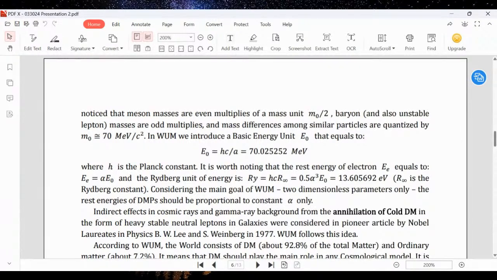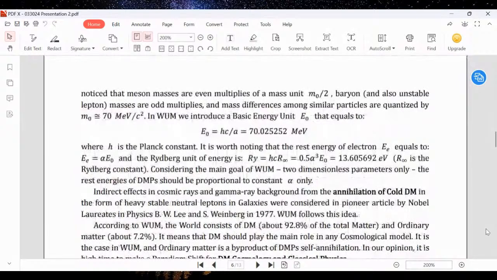The odd multiples and mass differences among similar particles are quantized by 70 mega-electron volts, with which we introduce a basic energy unit E0 that equals 70 mega-electron volts, where H is the Planck constant.